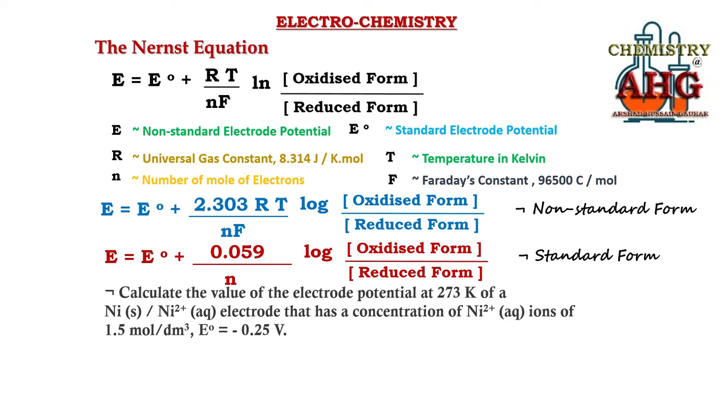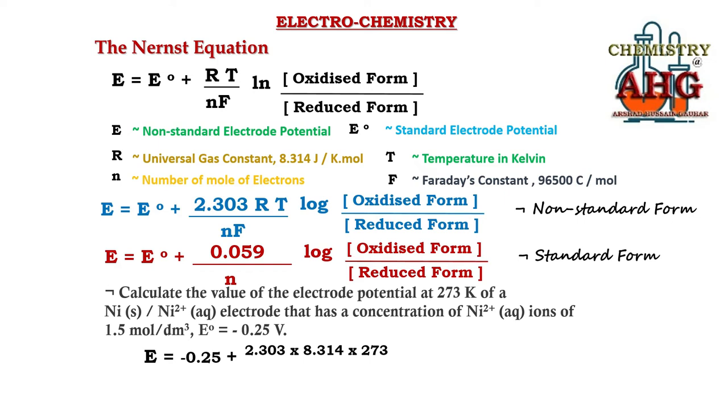So what you will do, you will insert the values. How will you insert the values? E is equal to E naught, the standard electrode potential is given in the question. For the nickel half cell, the standard electrode potential is negative 0.25 volt plus 2.303 into 8.314 into the non-standard temperature of 273 Kelvin divided by the number of moles of electrons.